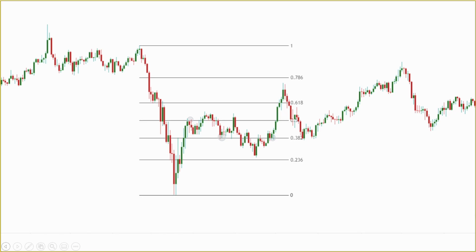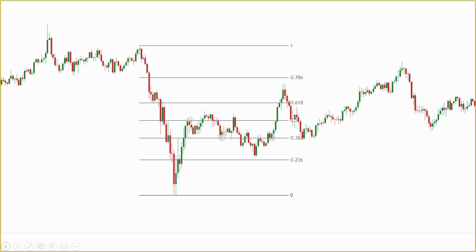Fibonacci retracement can be used in technical analysis to locate areas of support and resistance, as you can see in this photo as well. And it is mostly used in combination with other indicators and other forms of analysis. So I will showcase Fibonacci retracement in TradingView in a moment, but the essence is that you draw the Fibonacci retracement from one absolute low to one absolute high, or the other way around, as you can see in this photo.